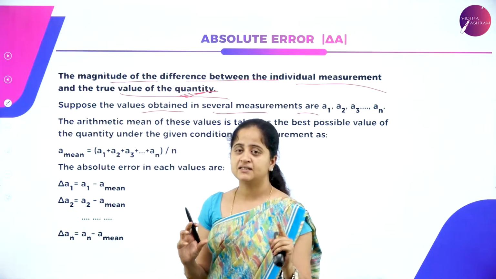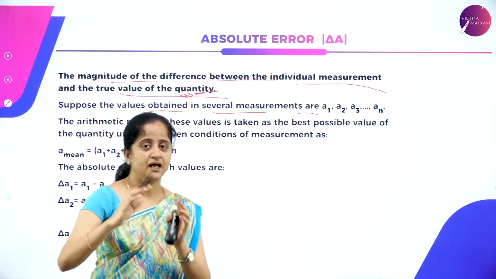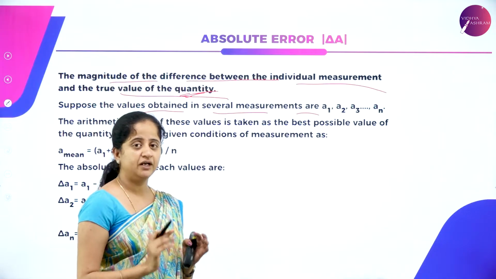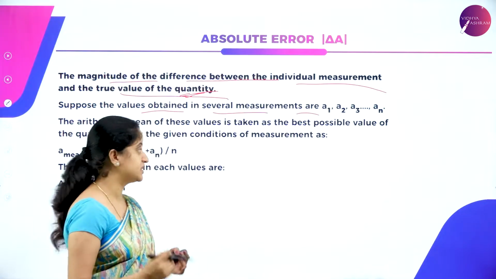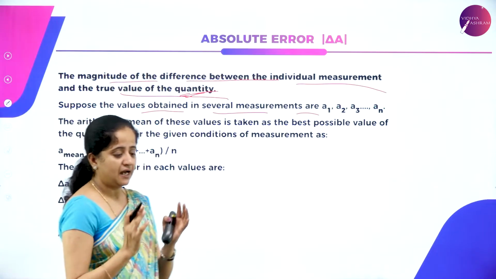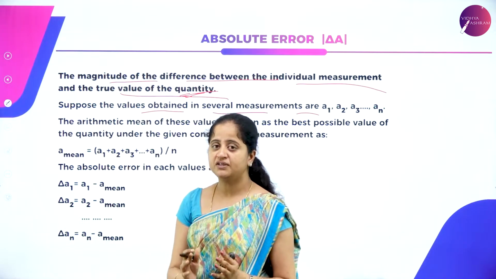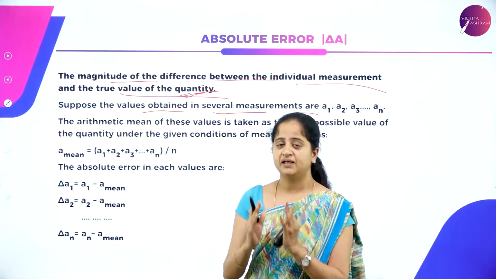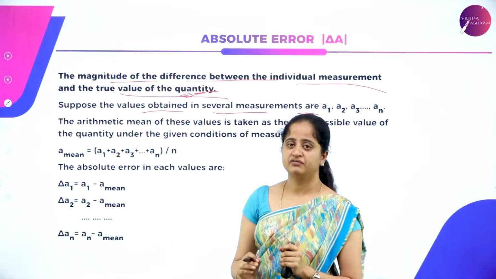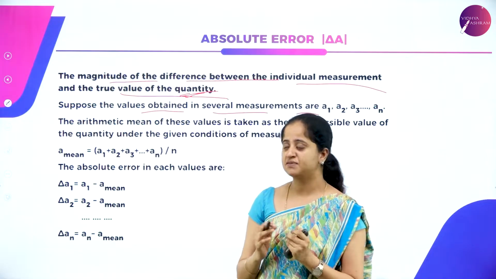Now we have to calculate the absolute error in each quantity. So how do we calculate the absolute error in each quantity? As the definition says, we have to take the difference between each individual quantity and the mean quantity, and the magnitude of the result is called the absolute error.